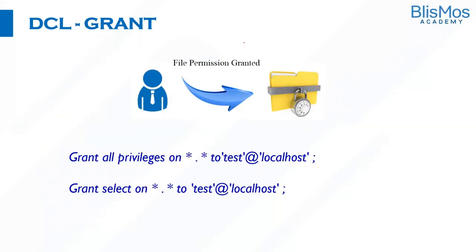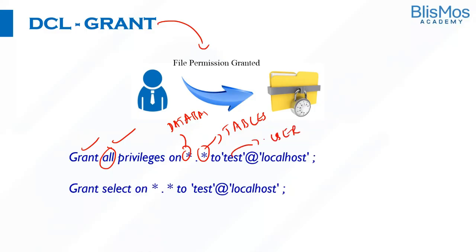So how do we use grant? There are many variations of granting permissions, but we'll show a couple of them to get a hang of it. In this case, we are saying GRANT ALL PRIVILEGES ON *.*. What is star dot star? The first star represents the databases, and the second represents the tables.